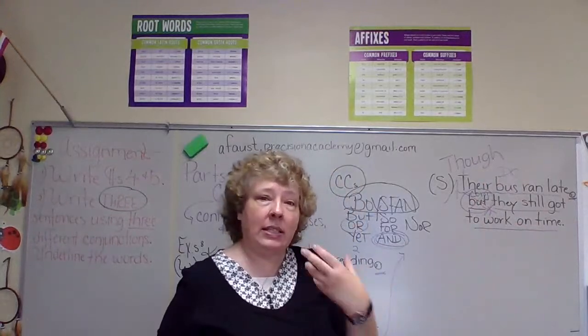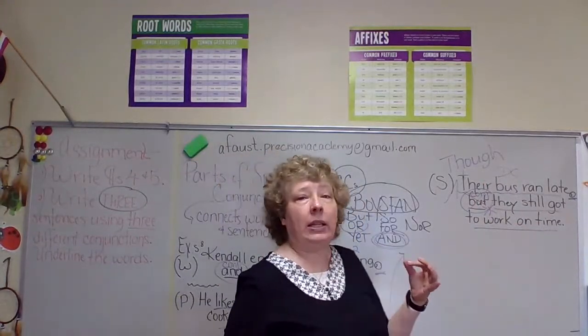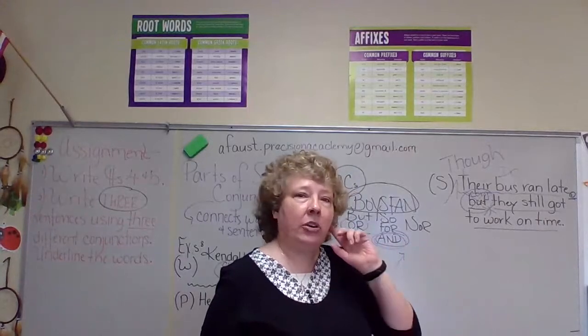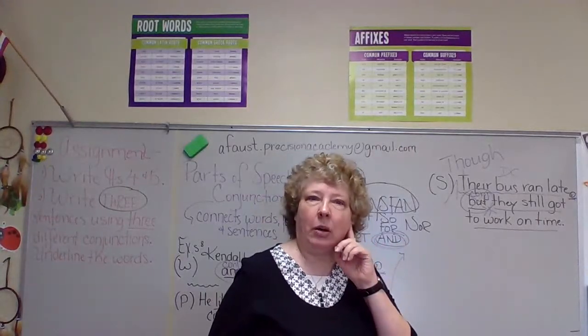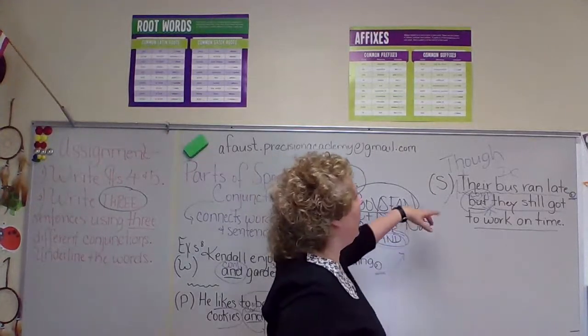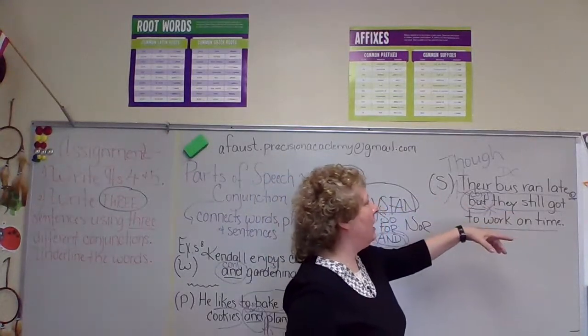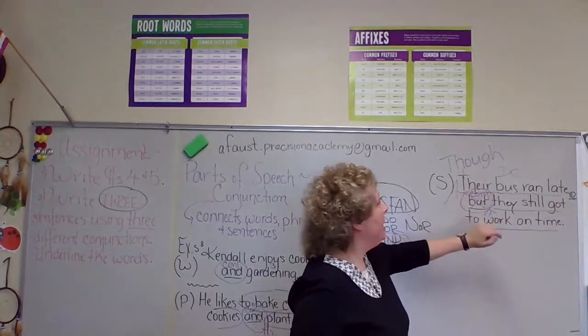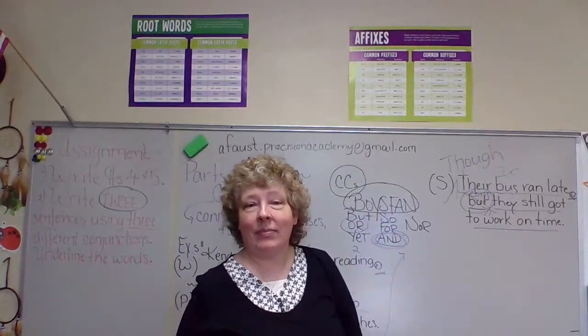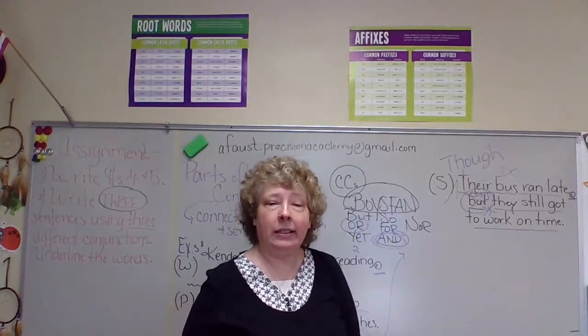Because when you listen to me, though their bus ran late, they, notice there's a slight pause. So that tells you, your ear says, put a comma there. If your ear could talk. Okay. Though their bus ran late, comma, we get rid of but, they still got to work on time. That's the use of the subordinate.